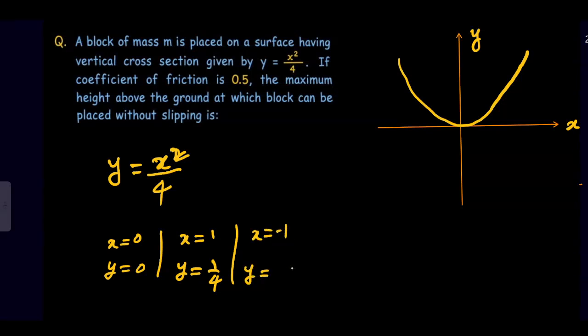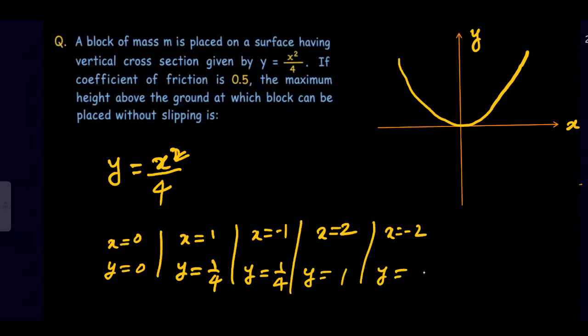Then the y value is how much now? Plus 1 by 4, same, 1 by 4. So when x is equal to 2, what is the y value? 2 square is 4, 4 by 4 is 1. When x is equal to minus 2, then the y value is 1 only. So locate the coordinates now here.